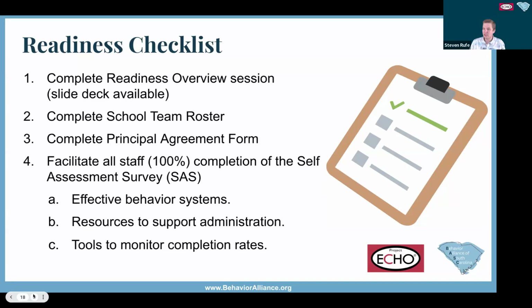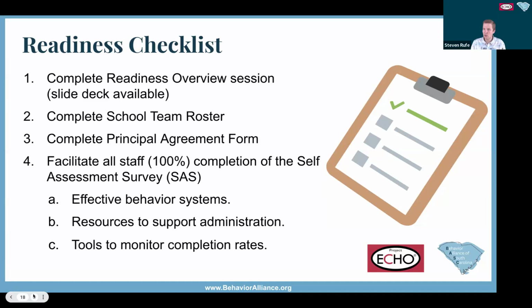In addition to that school team roster, we have a principal agreement form that principals actually sign, very similar to what you all did by identifying your district leadership team that meets and getting your superintendent signature on the partnership packet. We follow that same model down to the school level with the roster and the agreement form.